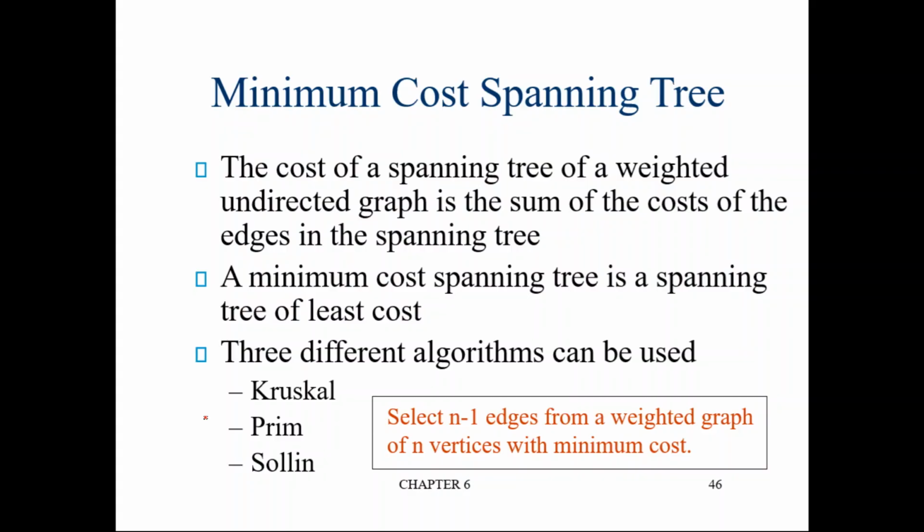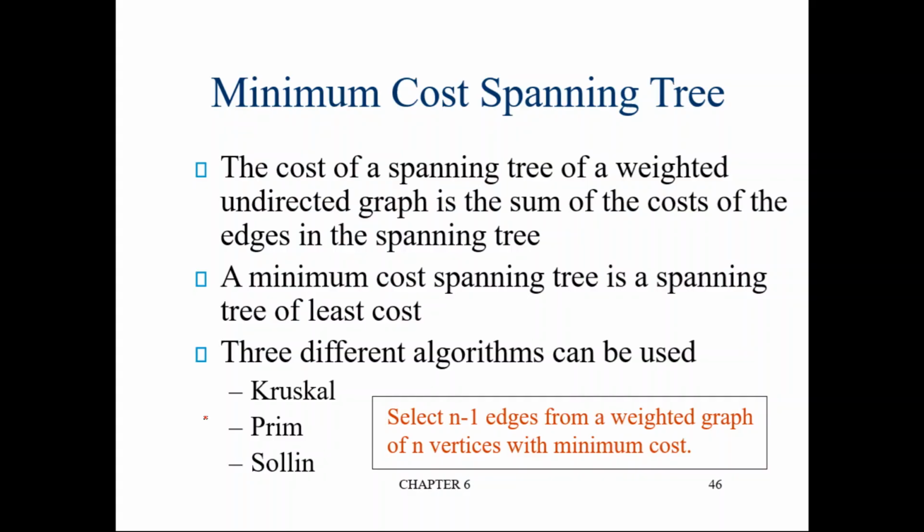Like that, there are many problems where we have to identify the minimal cost path for a given graph. For that, first you have to construct a minimal cost spanning tree.